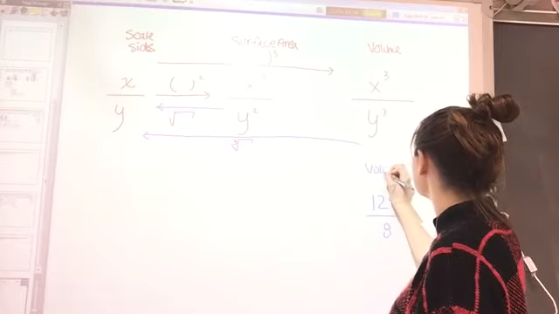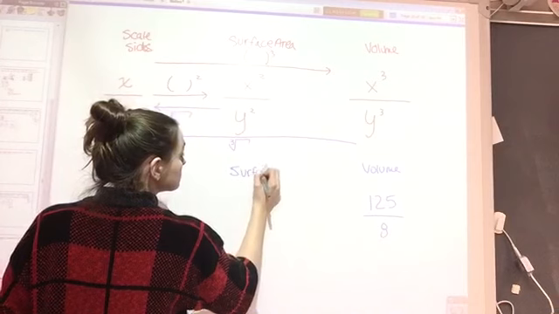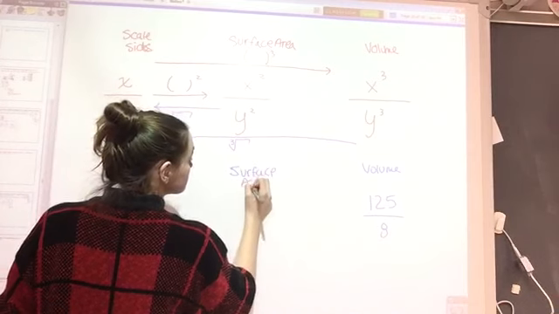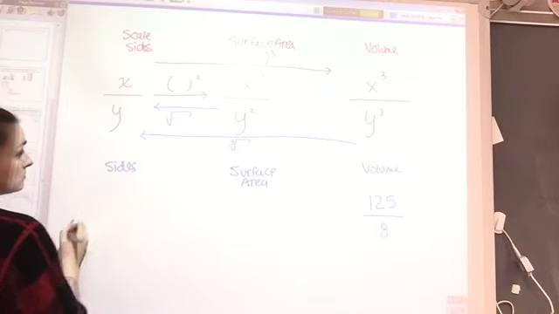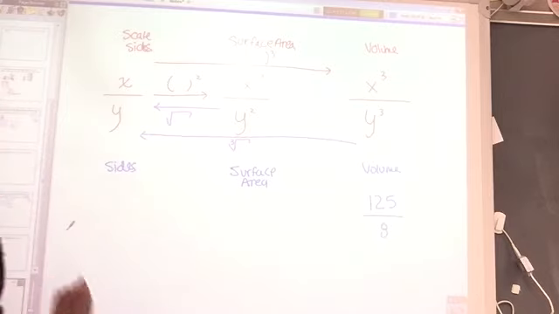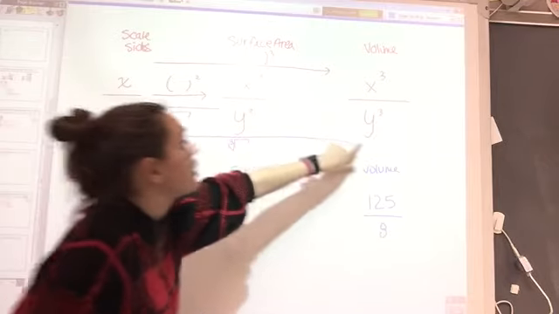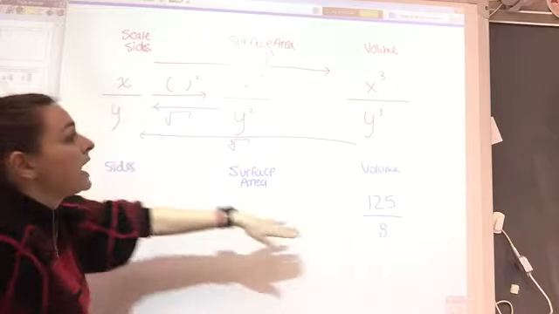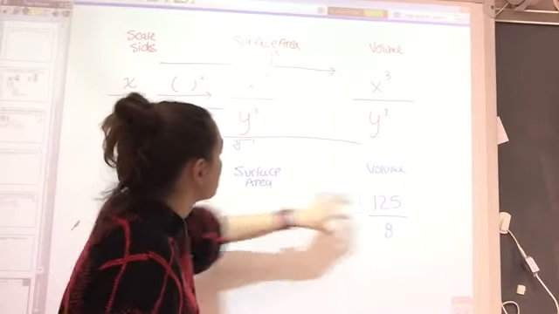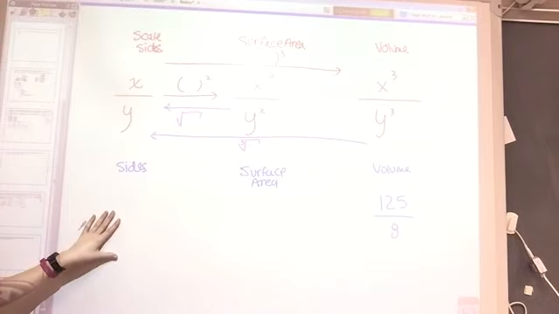So this is volume, surface area, and sides. Okay? Notice that you can't just go from volume to surface area. There's no arrow that connects just this to this, okay? So we have to always move from either surface area or volume all the way over to our sides, okay?